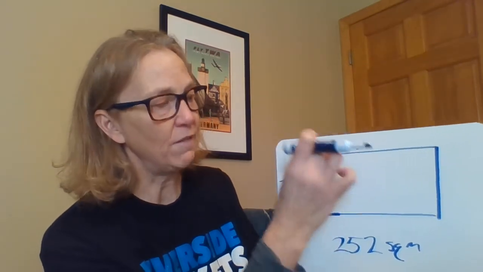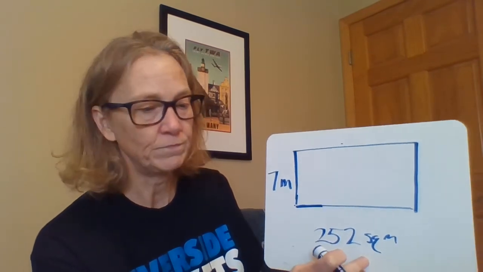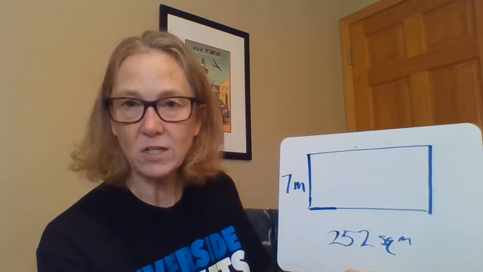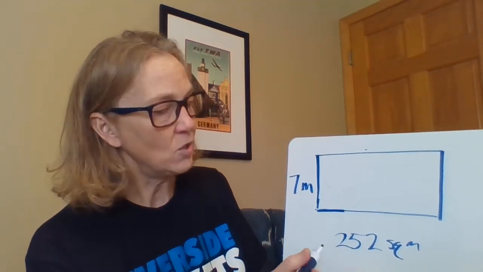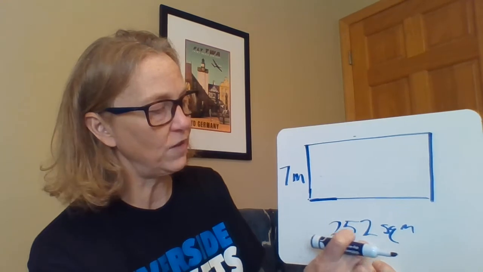And this whole thing now, I'm going to work on breaking it into smaller areas that eventually I can add up that will get me to my 252. For example, we know that we like to work with 10 a lot because 10's an easy number to multiply. So I'm going to start by dividing my large rectangle, which I know is 252 square meters, into sections of 10 and get as far as I can get, or get as close as I can get to 252.